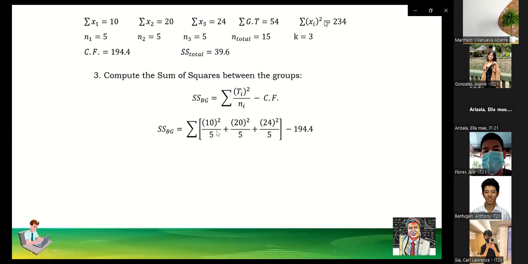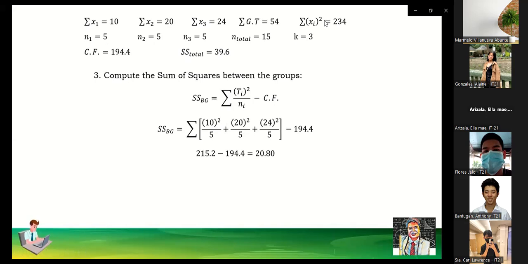Okay? So, 10 squared over 5 plus 20 squared over 5 plus 24 squared over 5. Pwede nyo na rin dire-diretso ito sa calculator. Basta, very careful lang tayo sa paglagay ng parenthesis.